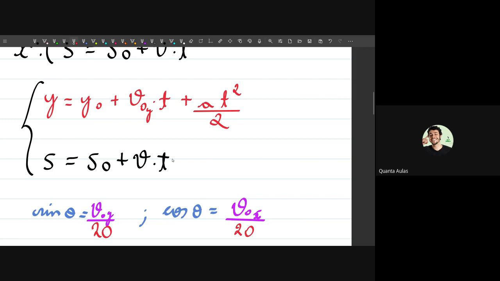The acceleration in the y-axis is the gravity. So I can change the letter here to g, okay? In Portugal, they name this letter G. So when they say G, they are speaking about gravity. Just tricks in Portuguese if you need.